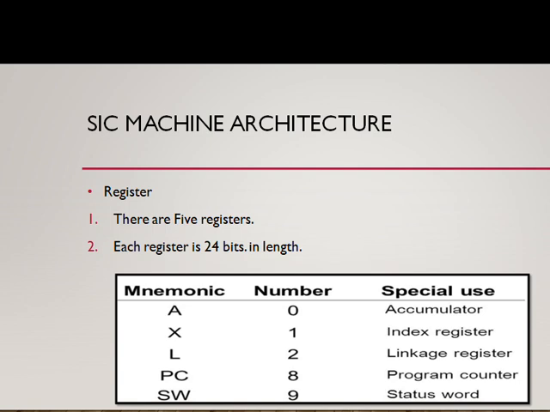So, the 5 registers mentioned here are the most important registers used by the standard version of machine architecture. A is referred to as an accumulator. It performs the functions of an accumulator. X refers to index register. L refers to linkage register.